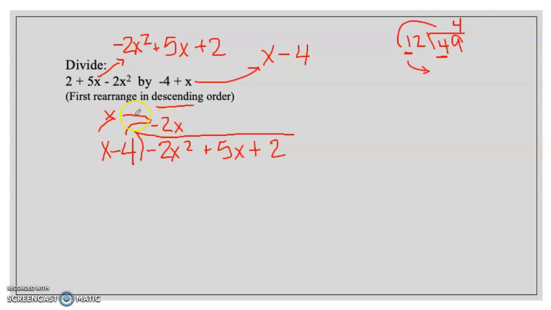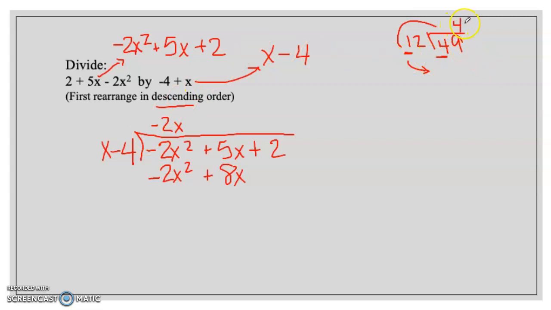So I multiply this negative 2x times that whole thing, and I get an answer. So negative 2x times x is indeed negative 2x squared. Negative 2x times negative 4 is positive 8x.